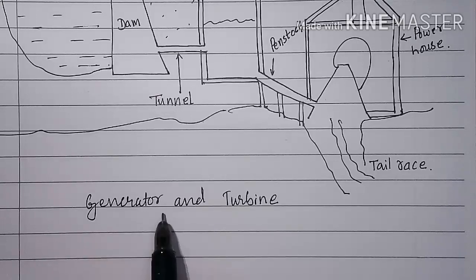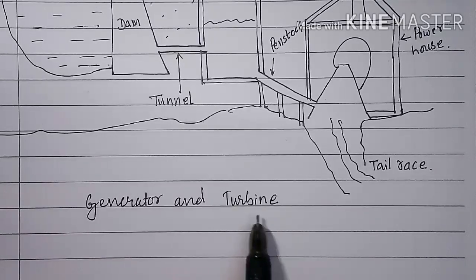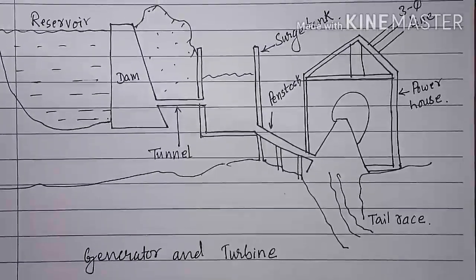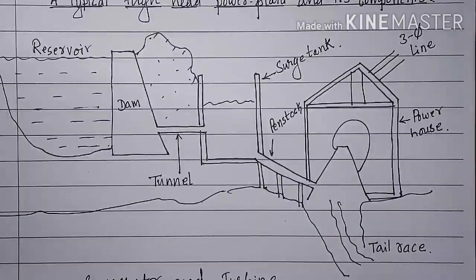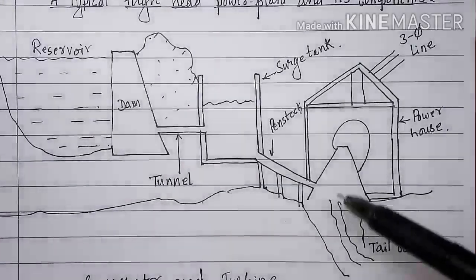Some more components like generator and turbine are to be studied, and that we will take up in next class. This high head power plant is having most of the parts or components which you have studied already.